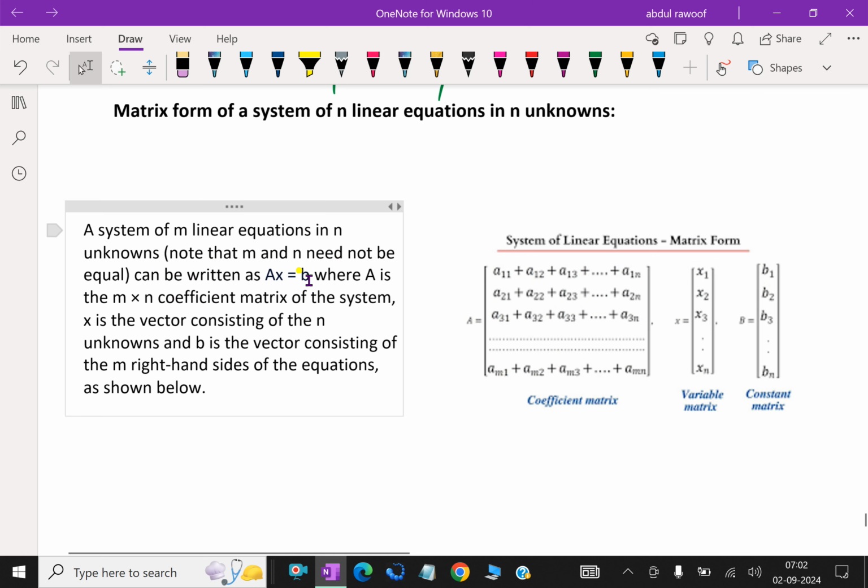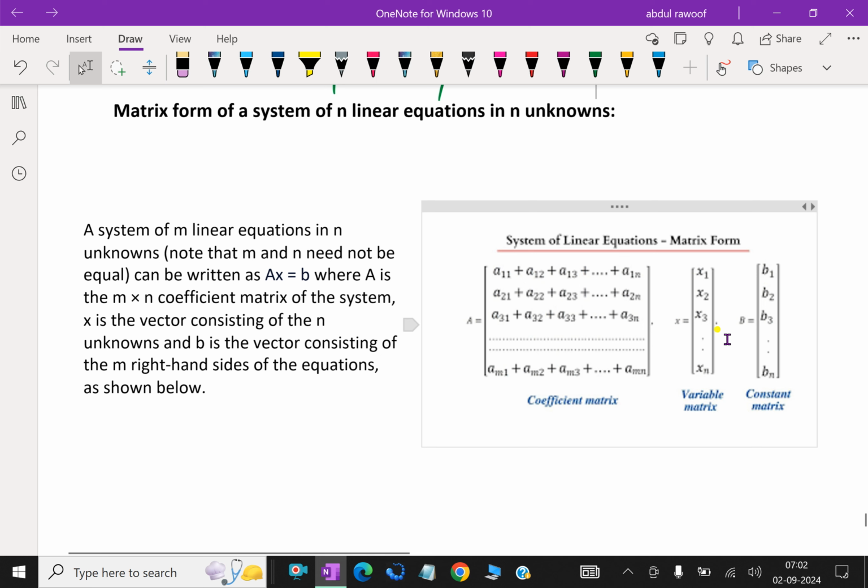This is a matrix equation form where A is the m by n coefficient matrix of the system, X is the vector consisting of n unknowns, and B is the vector consisting of the m right hand sides of the equations as shown below. Look here, the system of linear equations is given as a11, a12, a13, a14, a21, a22 and so on, all coefficients written in the form of a matrix. Let this be the coefficient matrix A. Then X is a column matrix of variables x1, x2, x3 up to xn.